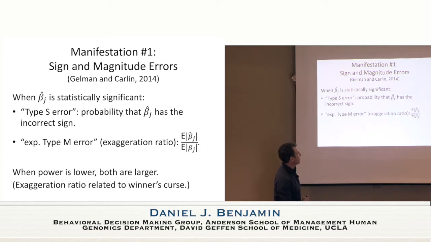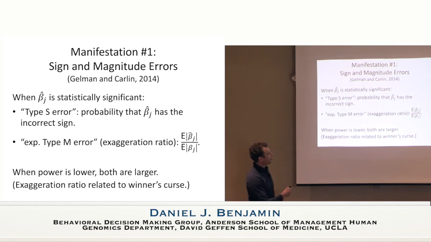The other kind is a magnitude error, or expected type M error, which they talk about in terms of what they call the exaggeration ratio. That's the ratio of the magnitude of the effect that you estimate relative to the truth. So if that's bigger than 1, regardless of the sign, you're expecting to exaggerate how different beta is from 0. You're expecting to exaggerate the magnitude of the effect.